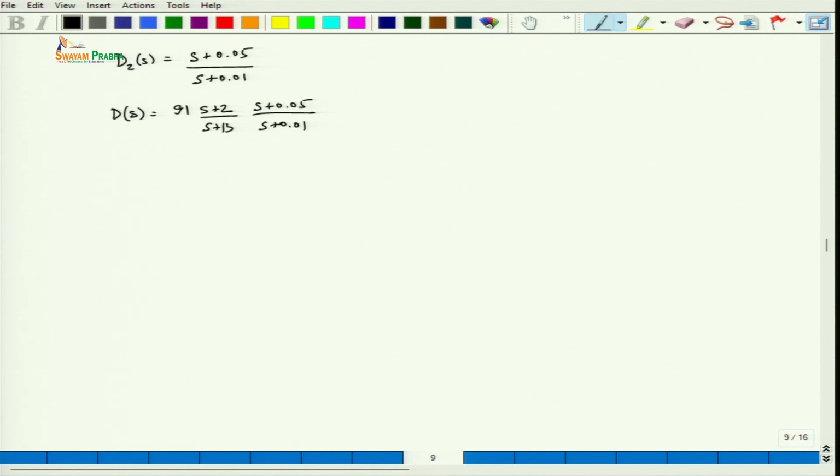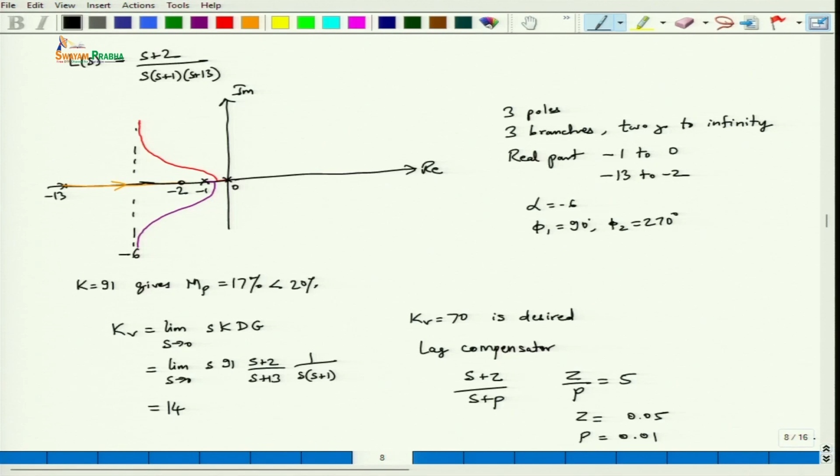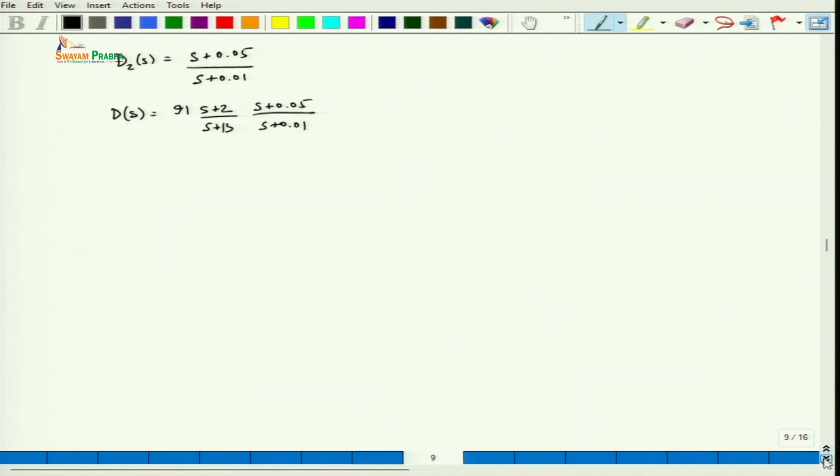Our overall compensator will be 91 times (s plus 2)/(s plus 13) times (s plus 0.05)/(s plus 0.01). Now if we plot the root locus, for a greater part it will be very similar to what we have here. The only thing is we will have this zero and pole at 0.05 and 0.01. So, with that we will conclude today's lecture. Thank you.